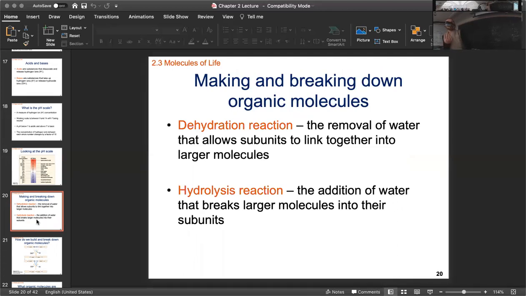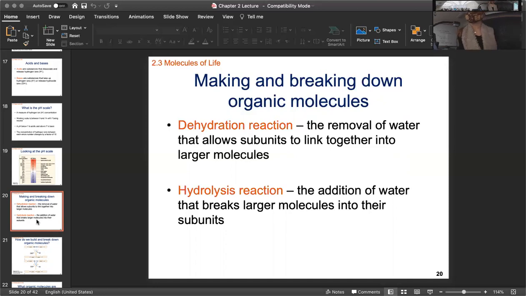Okay, so when we make and break organic molecules, what are we doing here? This is just an example. Let's think of a protein or things that are kind of a bigger molecule.